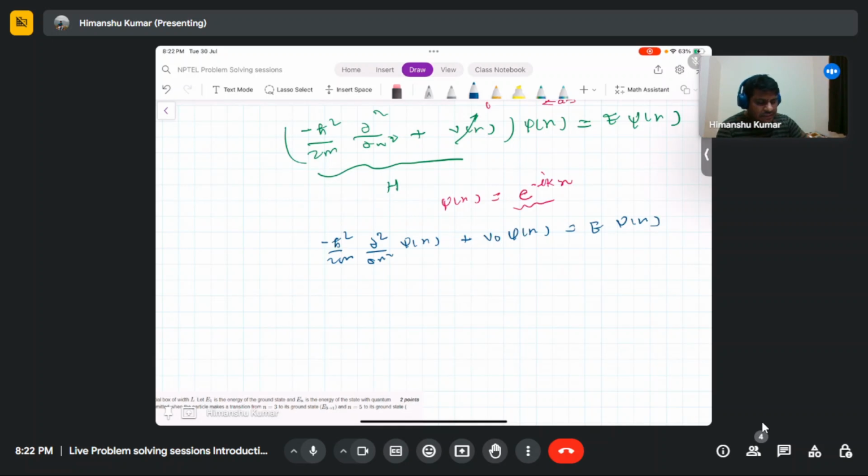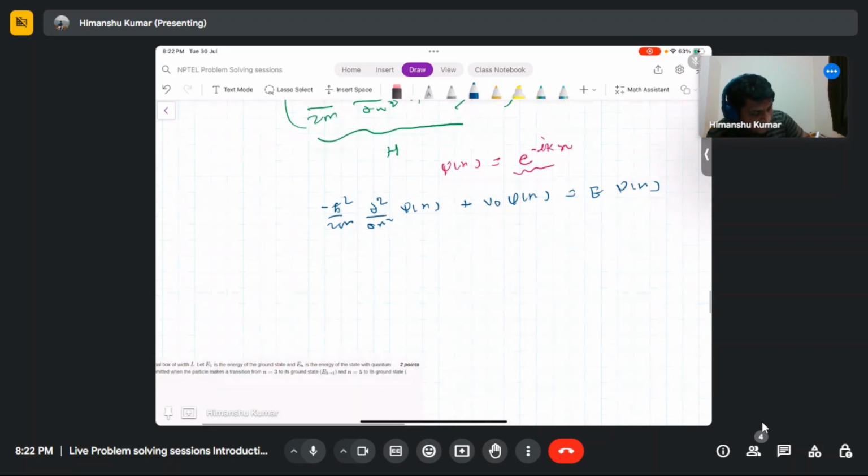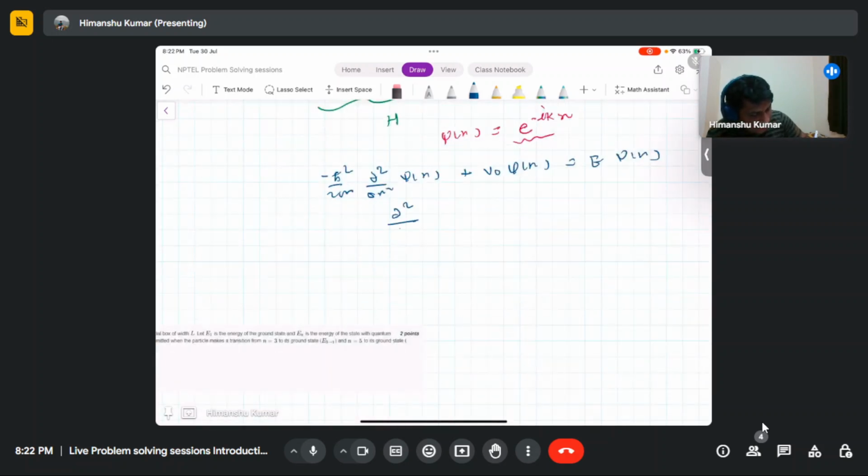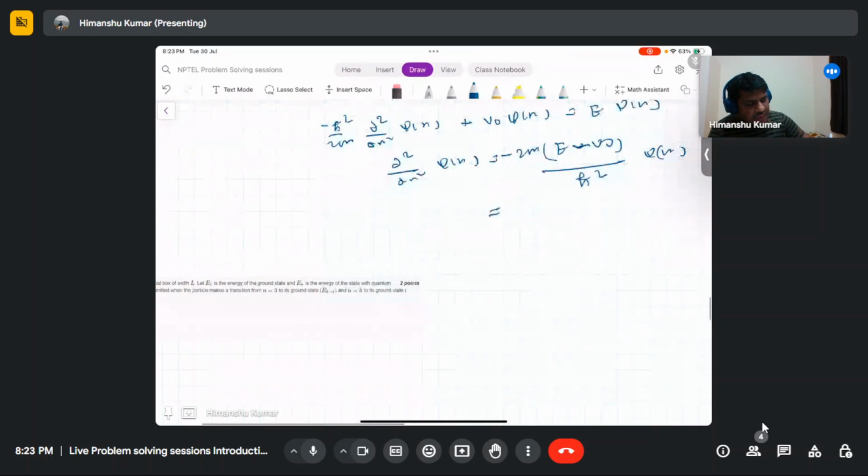If you take this to the other side, you get d square by dx square of psi of x equals minus 2m by h bar square times E minus V naught, times psi of x.